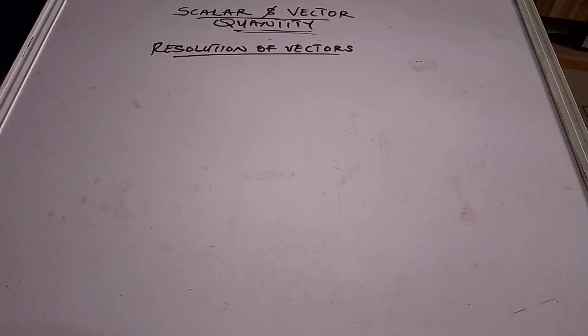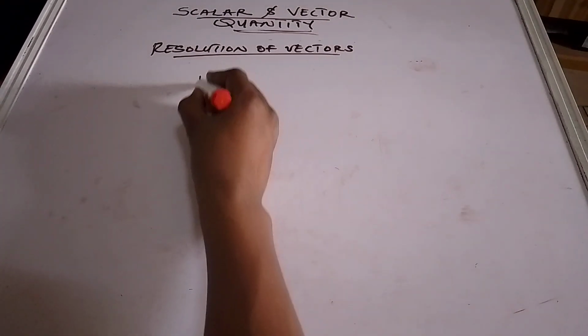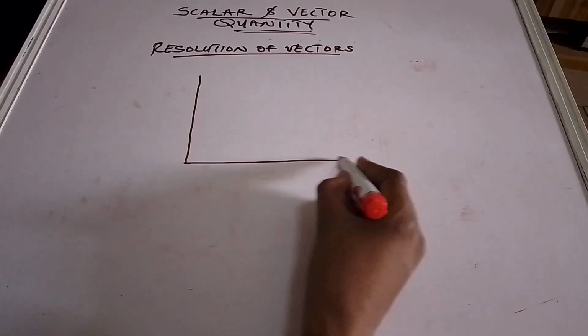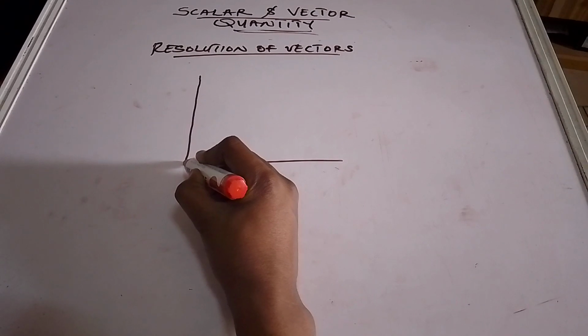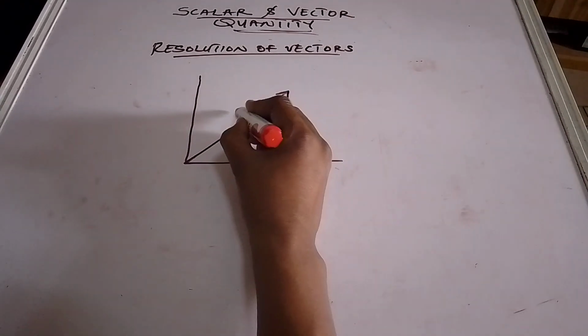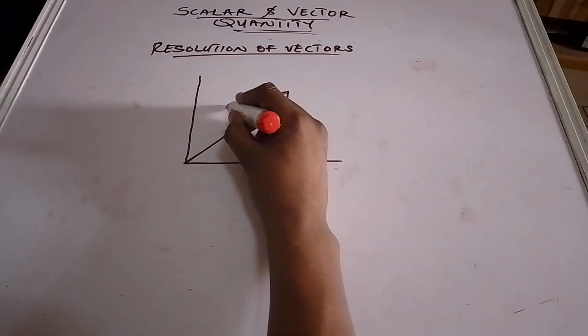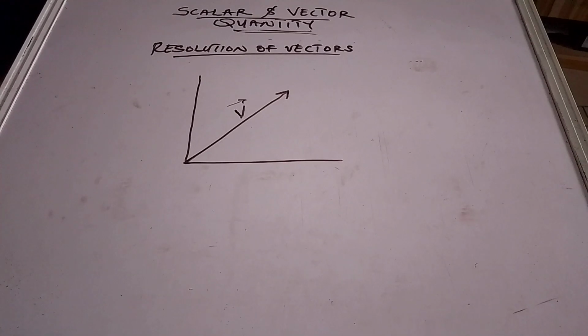So we have the vertical component of force, we have the horizontal component of force. Now, what's going to be the vertical component of force? Let's look at an illustration. Let's say we have this chart, and let's say a vector moves in this direction. This is our vector force, which is our V. Sometimes we can call it F. It's a vector because of magnitude and direction.